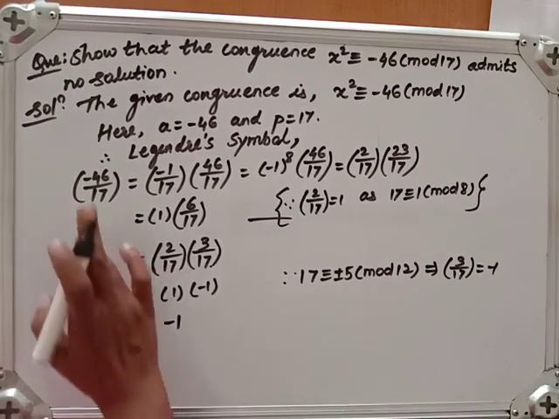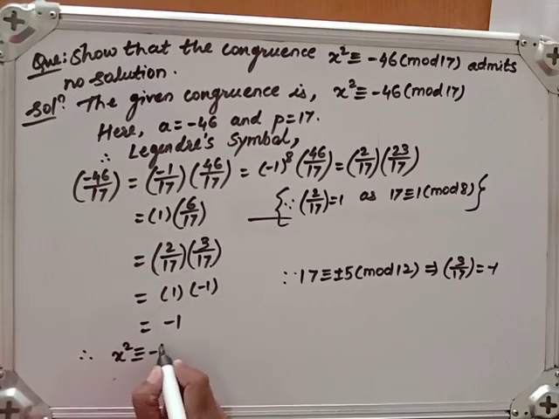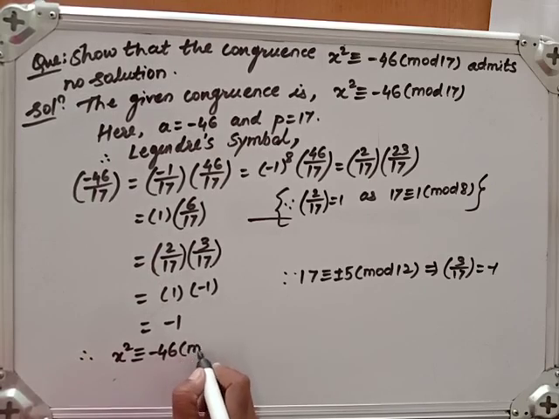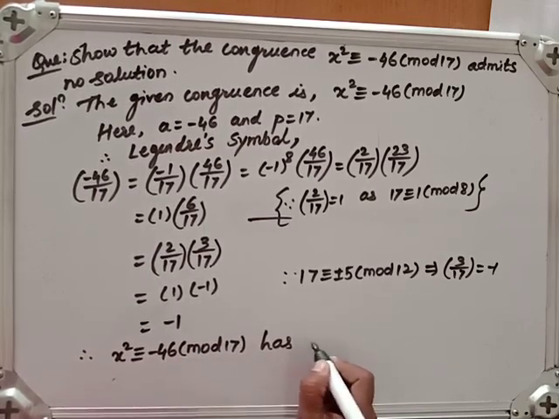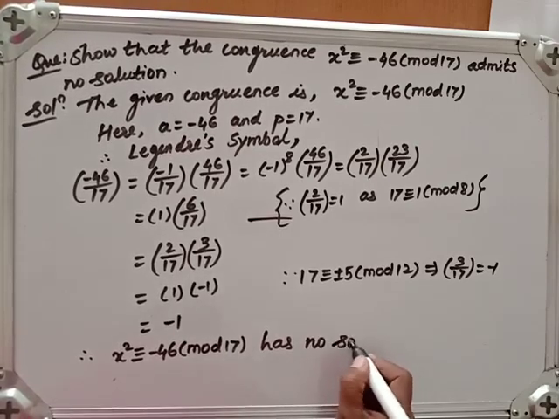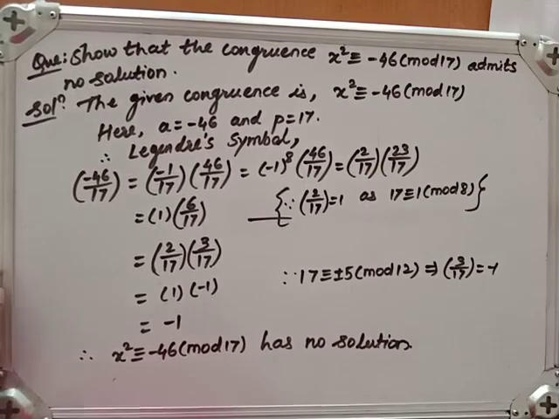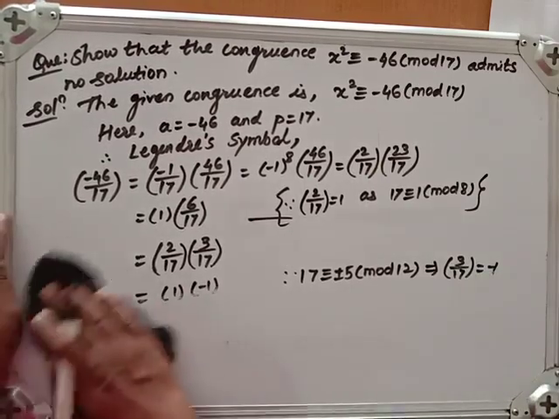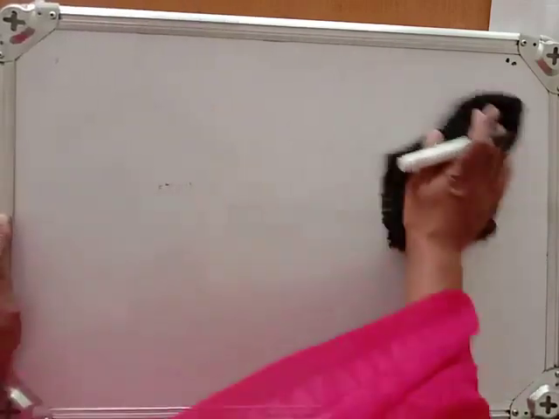Hence we can say, as the Legendre symbol is minus 1, therefore the congruence x square congruent to minus 46 modulo 17 has no solution. Then the last question here I have to take, it is of a different kind again.